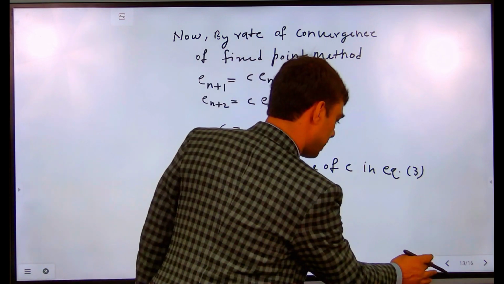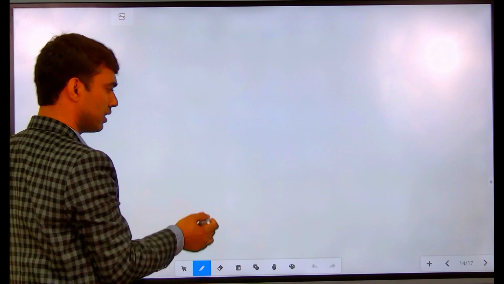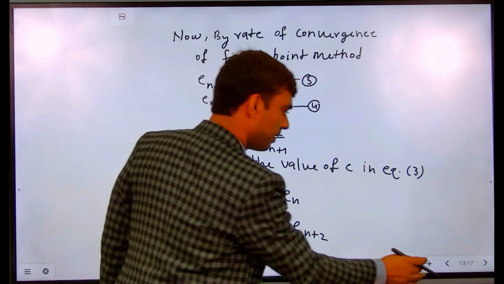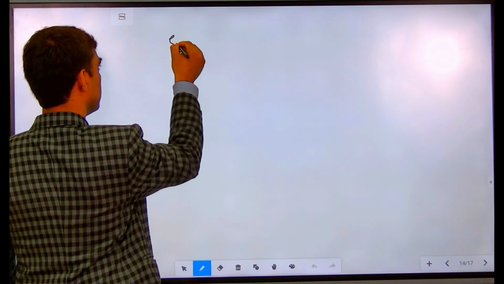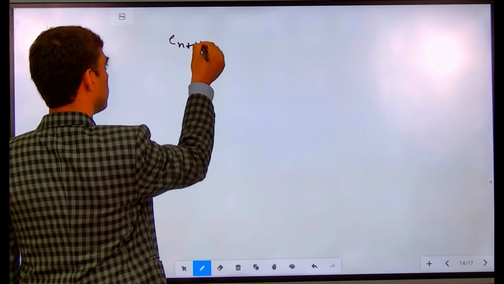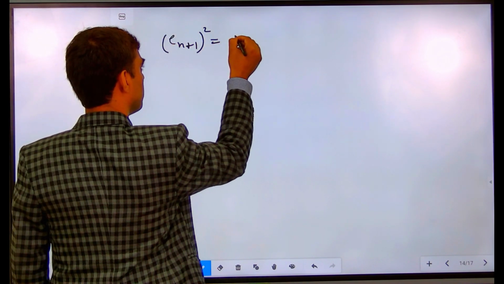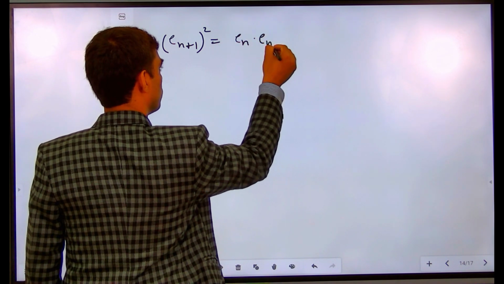So once we write the expression from the previous slide, this becomes En plus 1 whole square equals En into En plus 2.